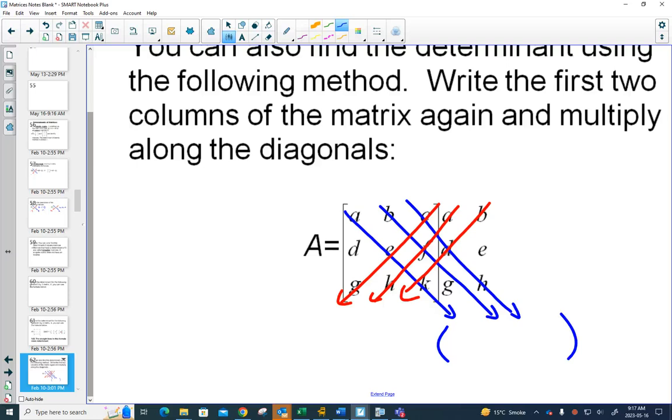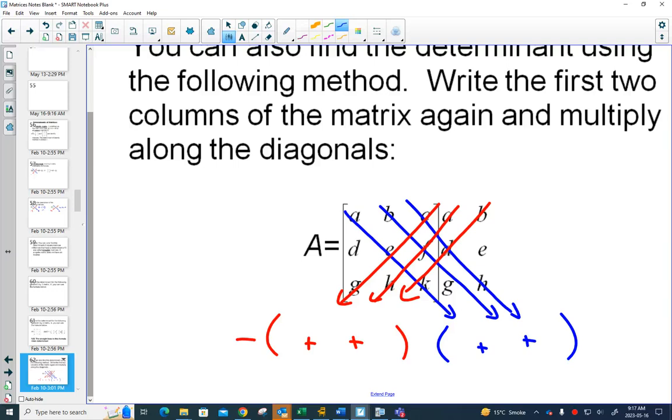So you would multiply along all of these and add them together in the positive direction. And then you would have 3 arrows in the negative direction. You would add those together and put a negative in front, so you take the blue ones and subtract the red ones. Which is a lot easier as a formula to remember, because then I just have diagonal lines. I don't have to remember plus or minus or certain determinants as I'm going.